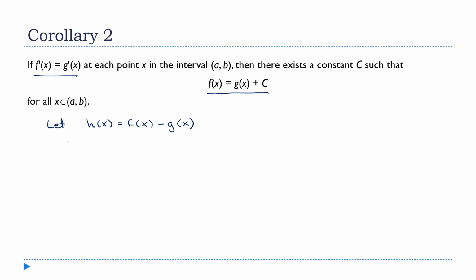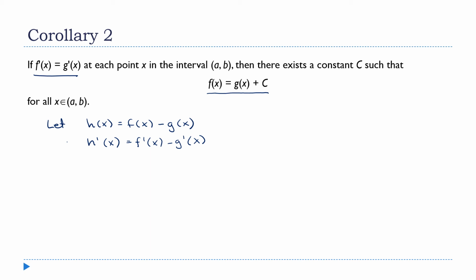All right, so then what do I know about this function? I know that h prime of x is equal to f prime of x minus g prime of x, one of our earliest derivative rules.